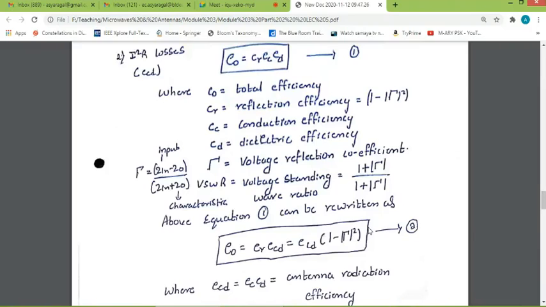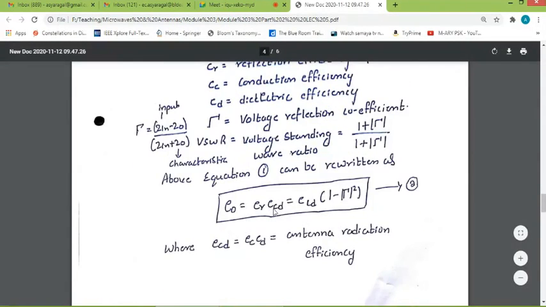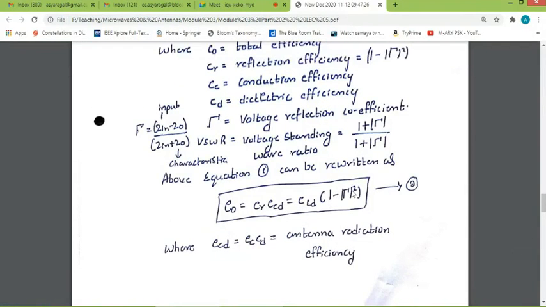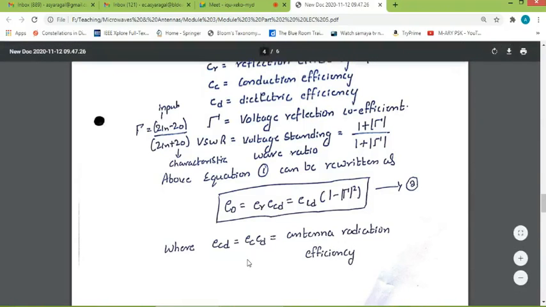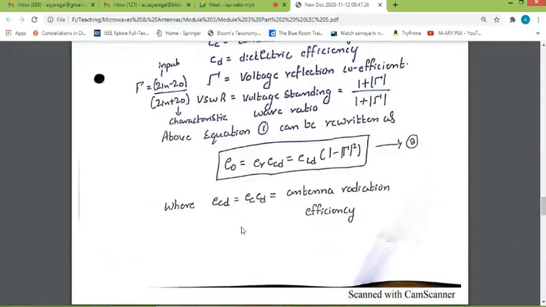Equation 1 can also be rewritten as E naught equals ER into ECD, where ECD is equal to 1 minus reflection coefficient squared. ECD is the antenna radiation efficiency.